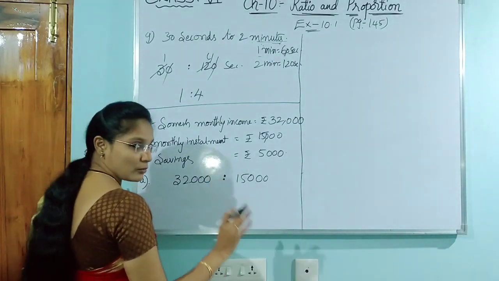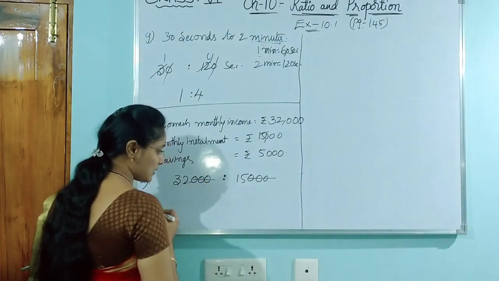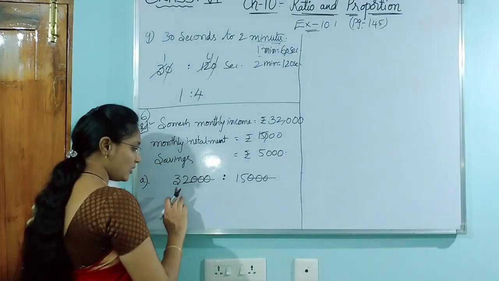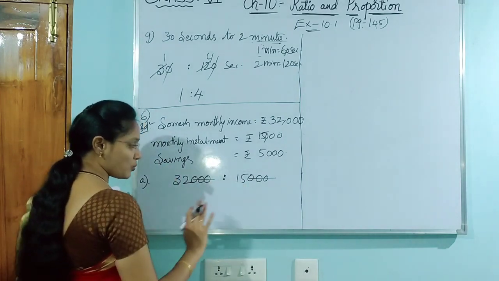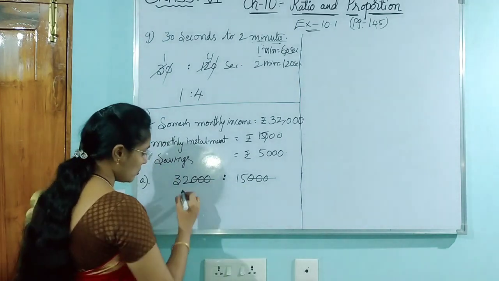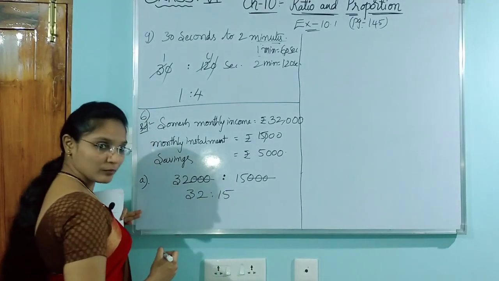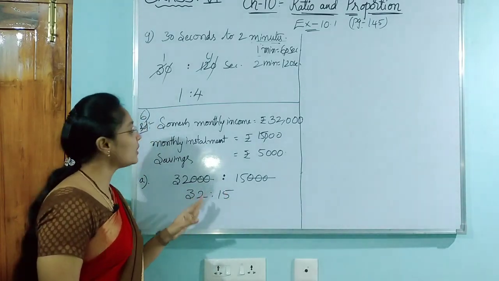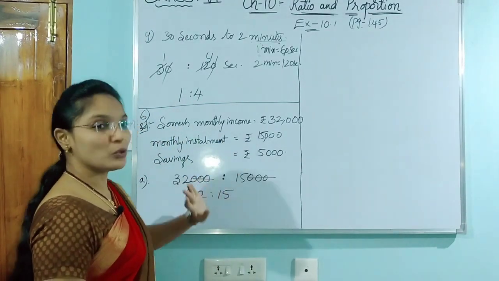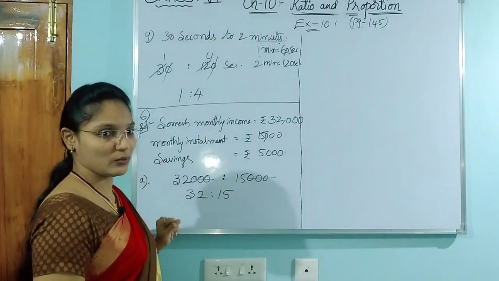So finally we will show it as a ratio only. So 3 zeros cancel. Okay, here 32 and 15 are left. These two numbers don't have any common factor. So this is the simplest form. 32 is to 15 is the ratio of Somesh's monthly income to the monthly installment of housing loan.